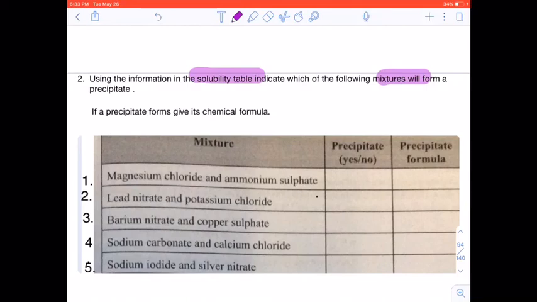So what are the possible products that we will get? Magnesium chloride and ammonium sulfate. We can get ammonium chloride and magnesium sulfate, right? And if we look at this, is magnesium sulfate soluble?